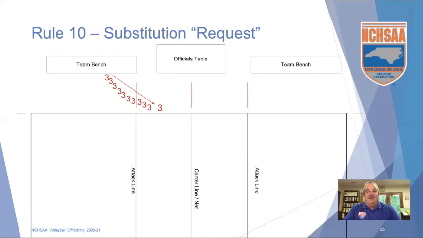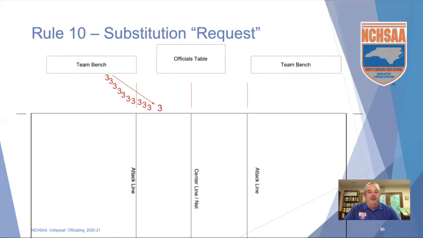In this case, number 3 jumped up off the bench, ran inside the attack line extended, and that's a request for substitution without saying a word. They will yell out sub, sub, sub, but the actual entering of the zone by the player is the request. They cannot verbally request it. Only the coach can verbally request a substitution, the head coach.